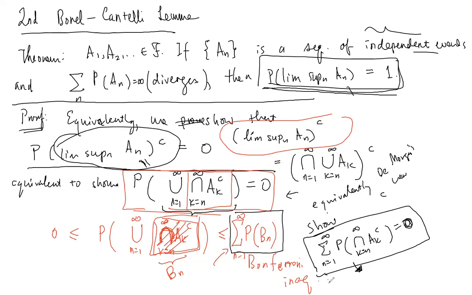Show this, then equivalently, this is showing what? Sum of these probabilities equal to 0 implies what? You add up all of them, they're equal to 0. What does that imply?